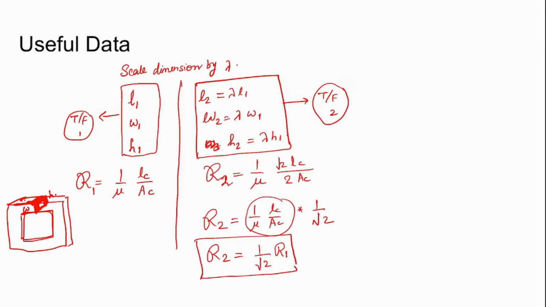In the given problem, lambda is √2. Now another piece of information you need while solving this problem is the phasor diagram.